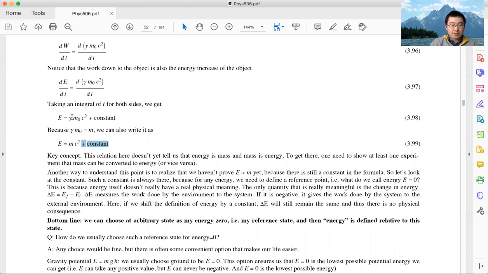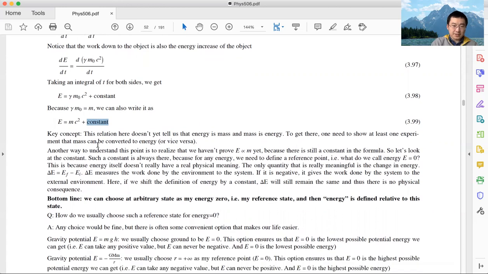So by solving the differential equation we have here, we know that there is an arbitrary constant we can put in our solution for this equation of motion. And what is this constant? If this constant is 0, then we have energy equals mass up to c squared factors. If this constant is non-zero, then energy is not quite mass, but with some shift. So how do we think about this constant and what value should we take?